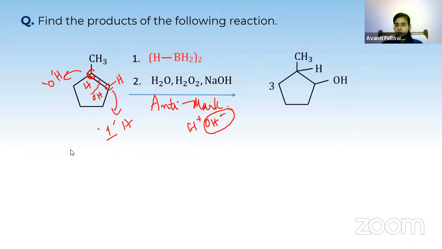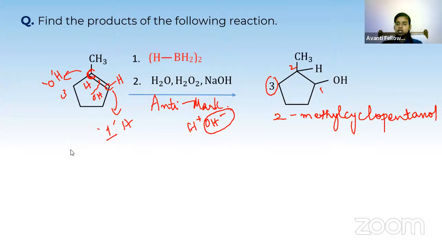We will get 3 moles because 3 moles of this compound will react, so we will get 3 moles of the corresponding alcohol. So here 1 and 2, so it is 2-methylcyclopentanol.